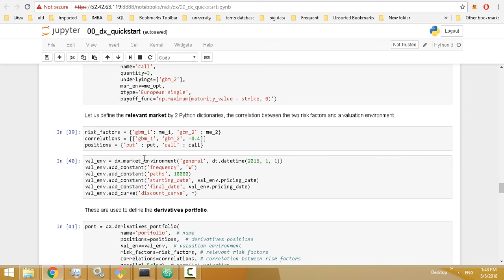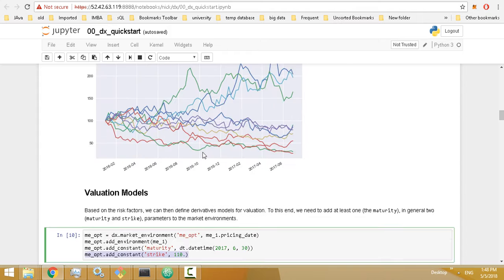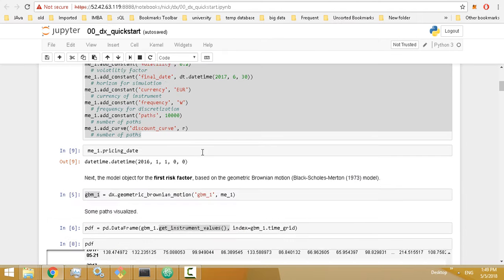Now let's define the relevant market as Python dictionaries, and the correlation between the two risk factors. So we say that the risk factors are GBM_1 and GBM_2, market environment 1, market environment 2. This is because we could have different market environments. Let me also quickly go back and show you what market environment 1 and market environment 2 are.